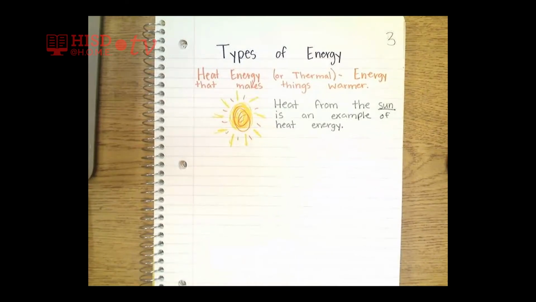I'm going to give you guys about a minute and 45 seconds to finish drawing your sun and write your sentence. You could word it differently, but you need to talk about how the sun's heat is an example of heat or thermal energy.